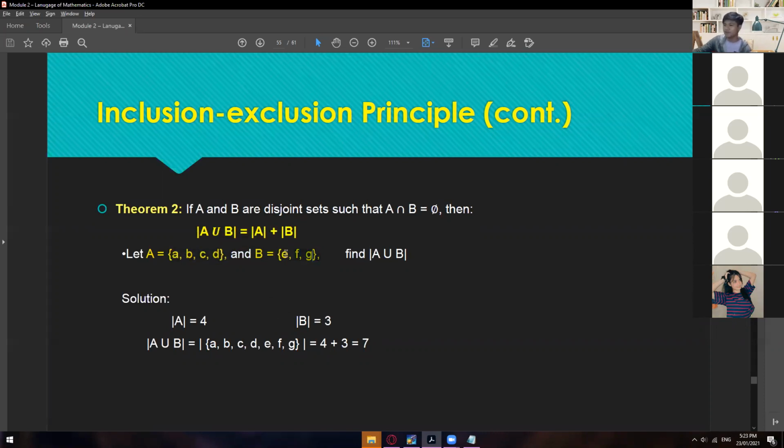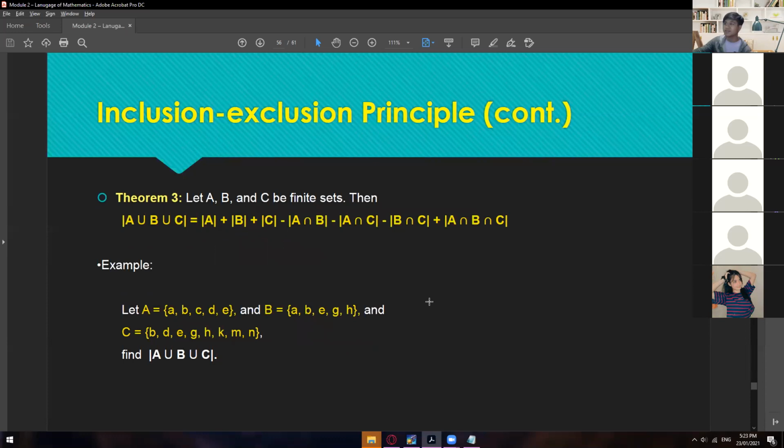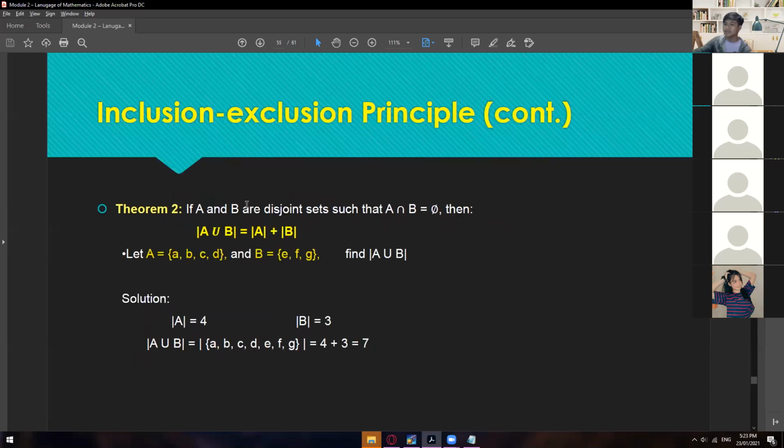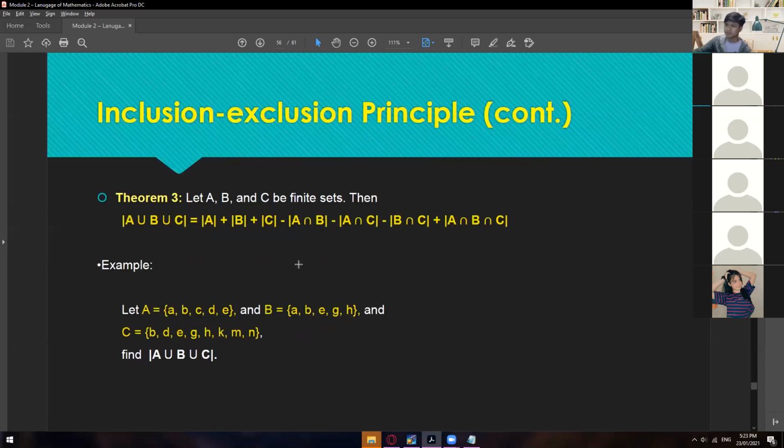So 4 plus 3 is equal to 7. In this case, if you want to get the total count of elements but they are completely distinct from each other, you can apply theorem number 2. All right, simple as it is. There are no more examples for theorem number 2 since this one's super easy.